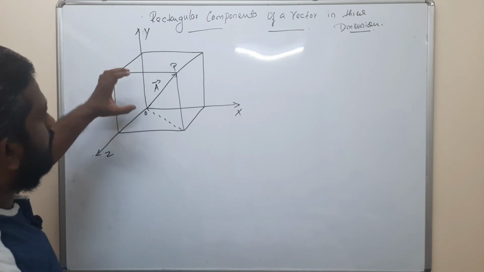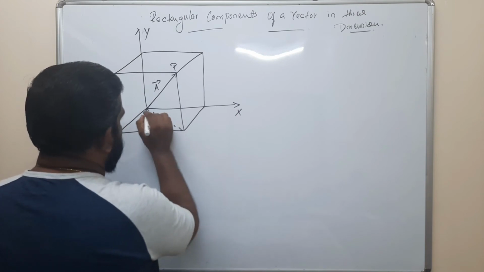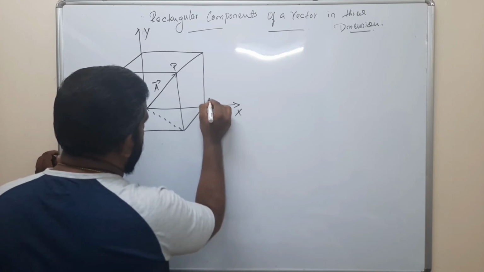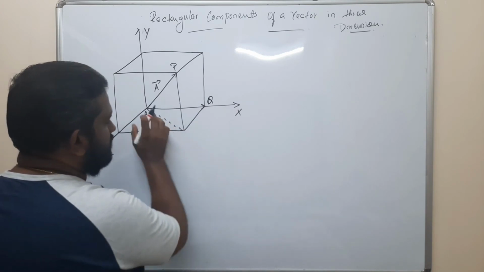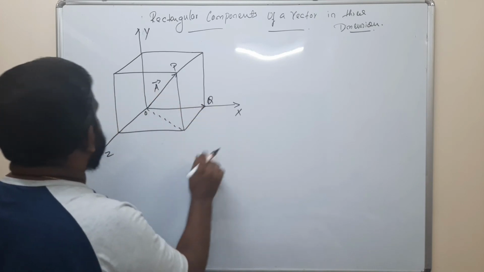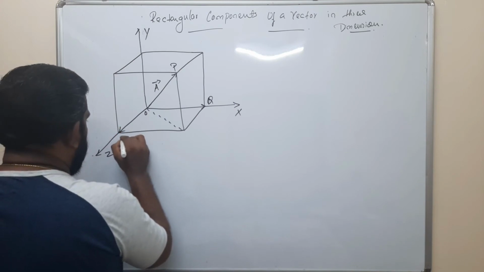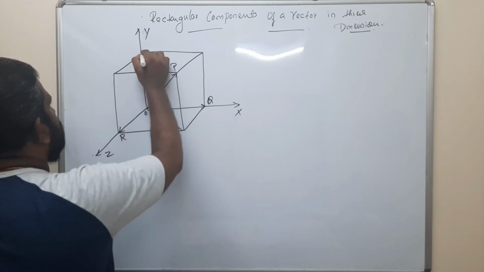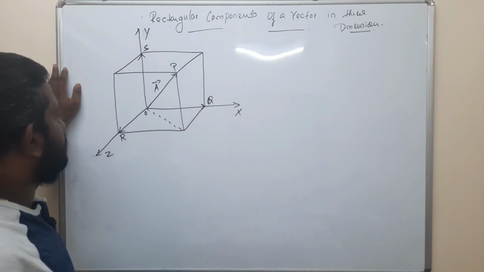So the A vector makes the intercept at x, y and z axis. So let OQ be the intercept of the vector along the x-axis, that is the projection of this vector on the x-axis, OR along the z-axis, and OS along the y-axis.